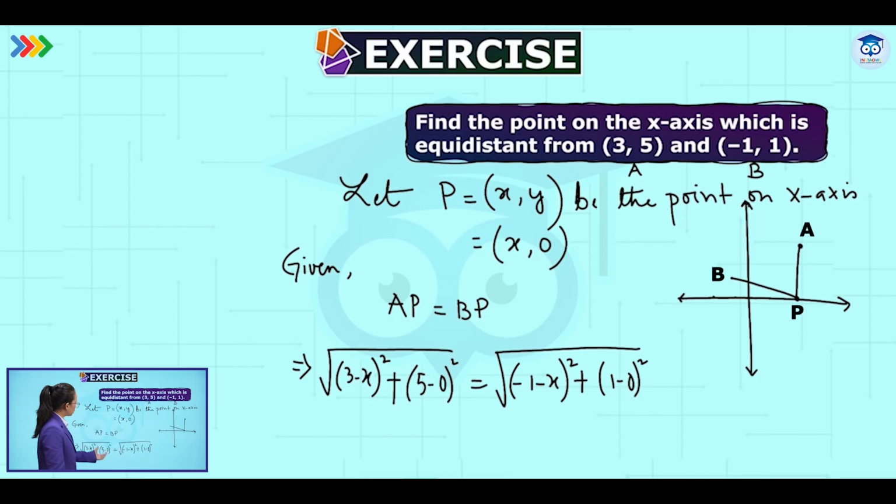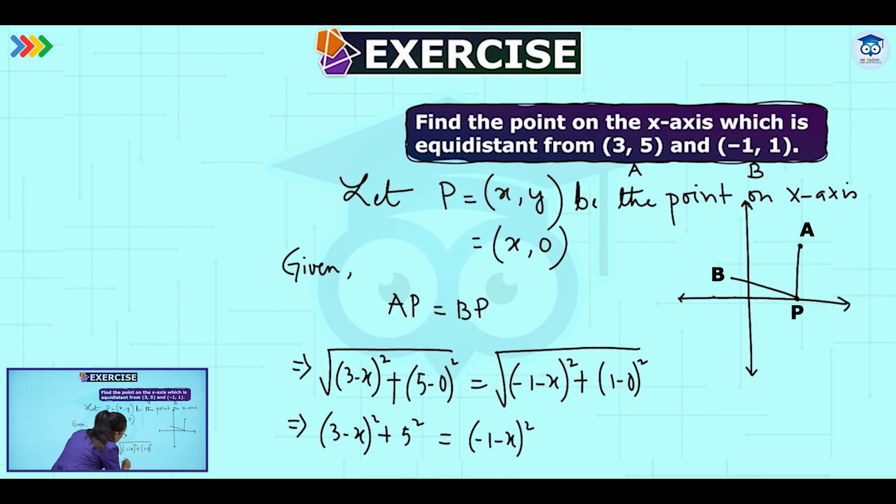Now both are having the square root, so we can remove this square root by squaring on both sides, right? So by squaring on both sides, this will go away. Now we are left with 3 minus x the whole square plus 5 square is equal to minus 1 minus x the whole square plus 1 square. Okay? So we will solve this.